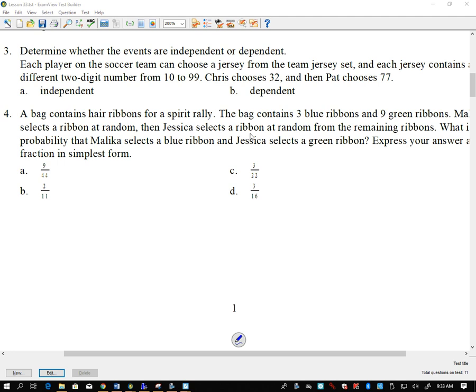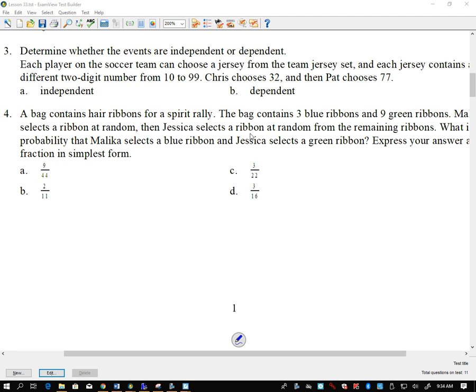All right, determine whether the events are independent or dependent. Each player on the soccer team can choose a jersey from the team jersey set, and each jersey contains a different 2-digit number from 10 to 99. Chris chooses 32, then Pat chooses 77. Are these events independent or dependent?